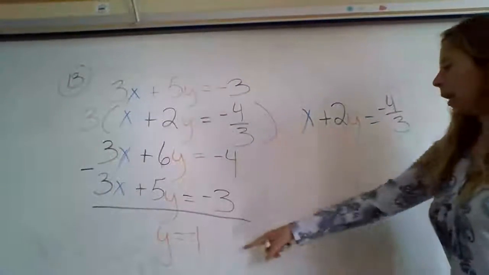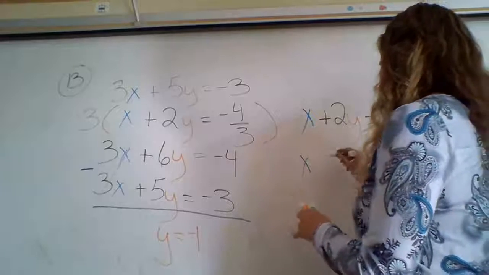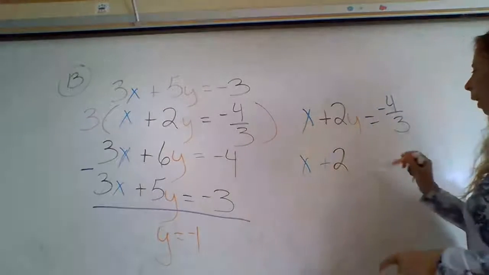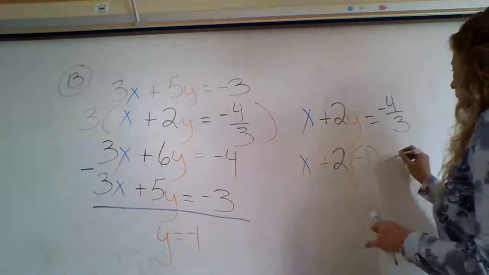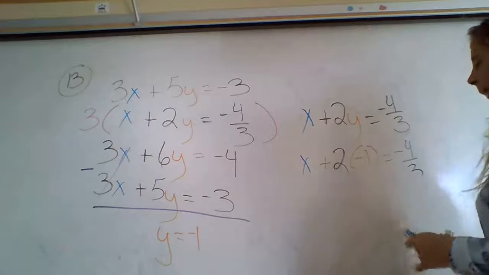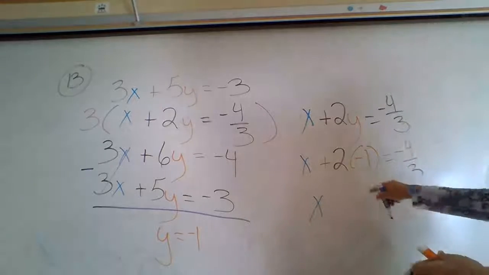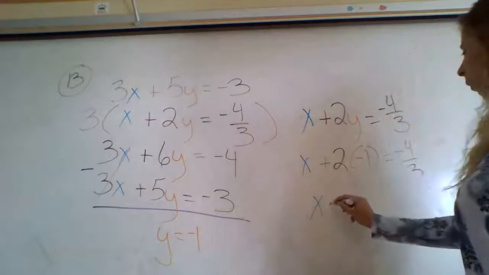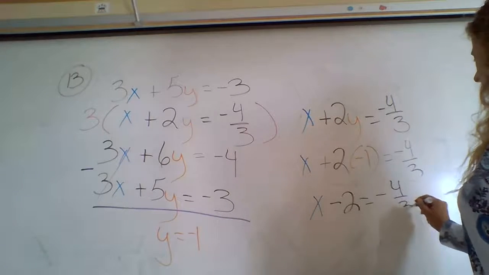So then I'm going to substitute negative 1 in for y. So that will give me x plus 2 times negative 1 equals negative 4/3. 2 times negative 1 is negative 2, equals negative 4/3.